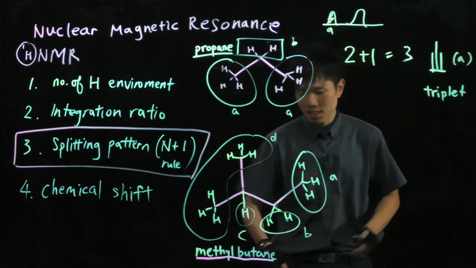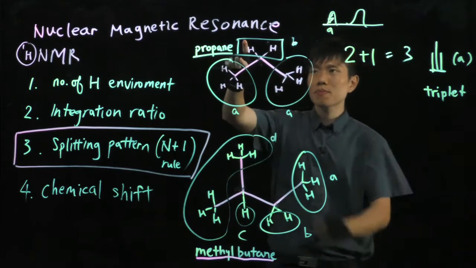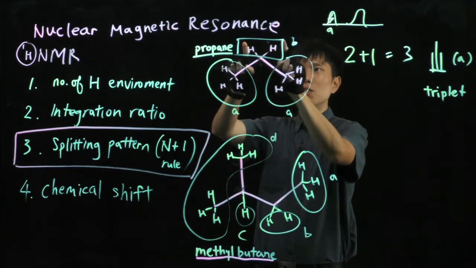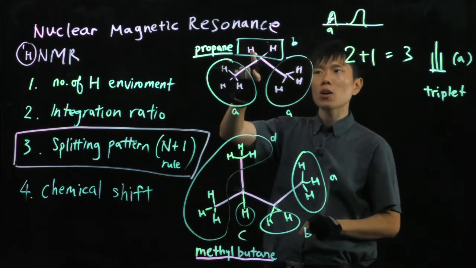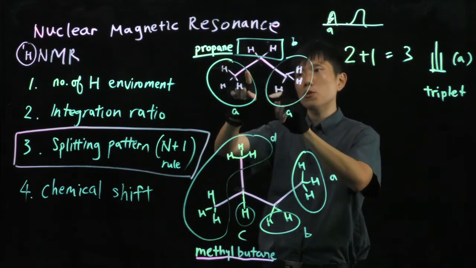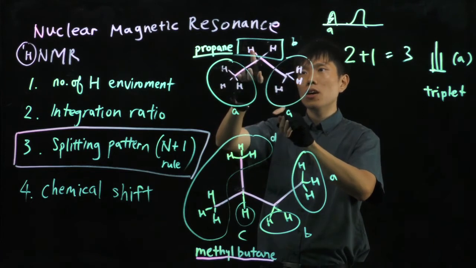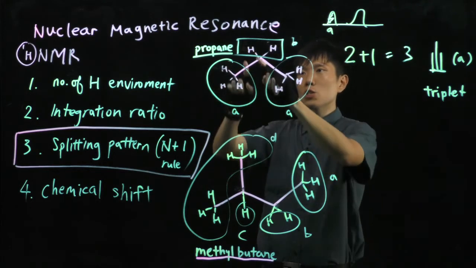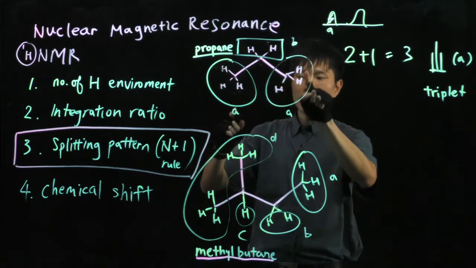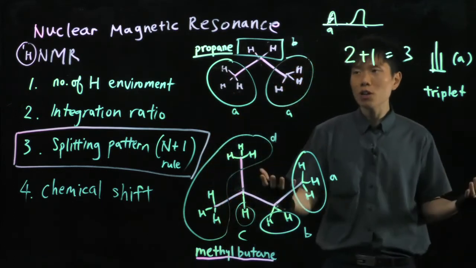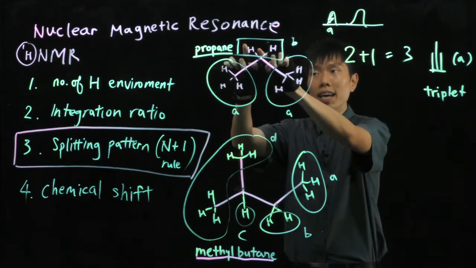Now for signal B, imagine you are here. You ignore this guy here because it's the same environment. Then you ask yourself, 3 bonds away, 1, 2, 3. 1, 2, 3. So I will have 1, 2, 3, 4, 5, 6, 6 neighboring protons that are different from where I am.